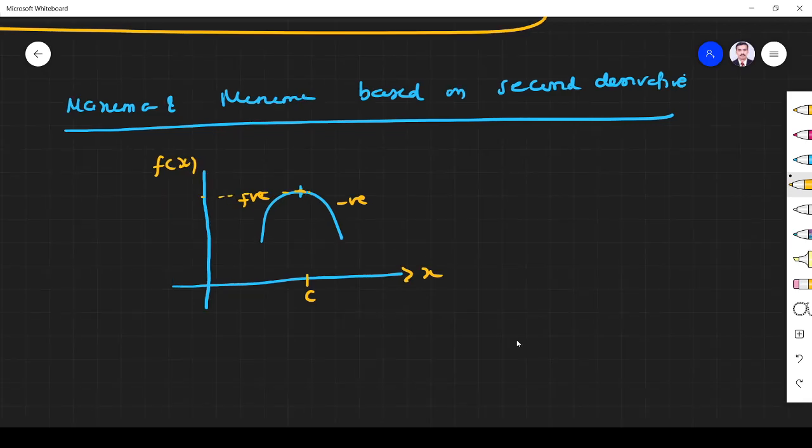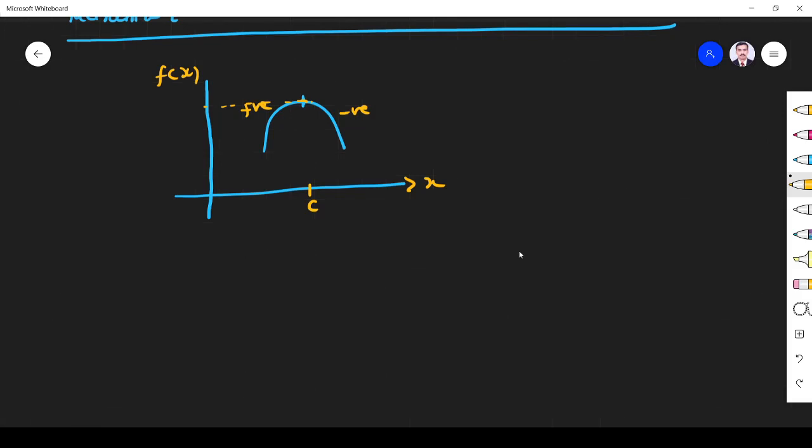So how can we use the second derivative to find the answer? By taking the first derivative, f dash of x, we will find where the slope is 0. Let us assume we find that here only the slope is 0 after the first derivative.